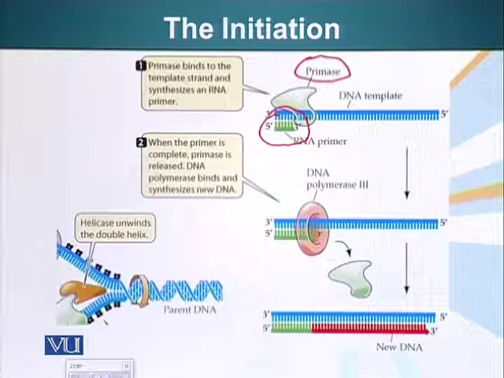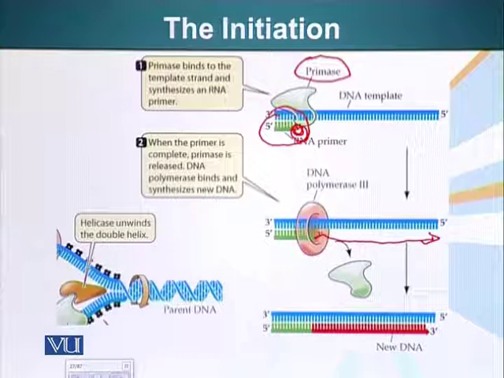We have already established that in one of our previous modules. So notice that there is a 3' hydroxyl available here. DNA polymerase settles on this molecule, the DNA RNA hybrid, and extends the 3' end, and new DNA molecule is made.